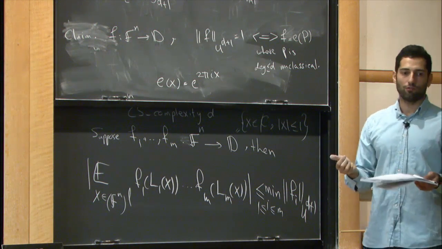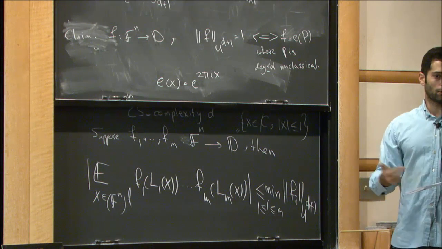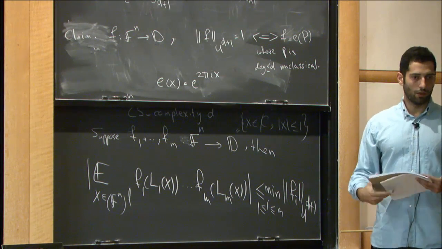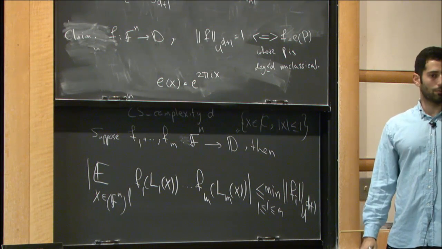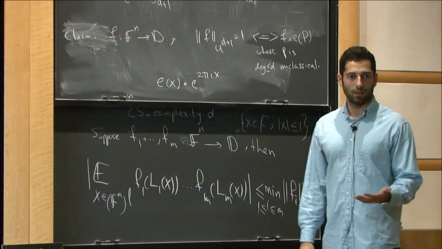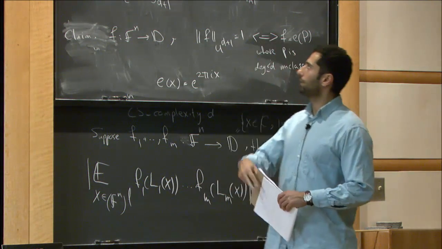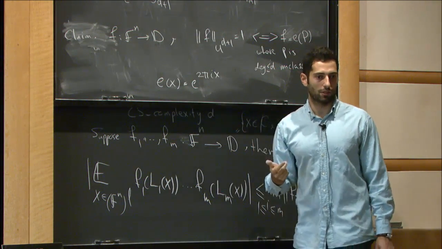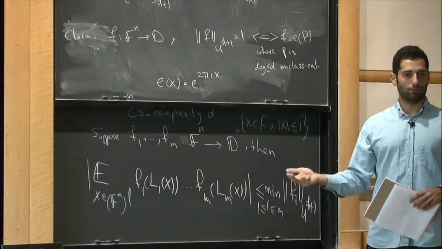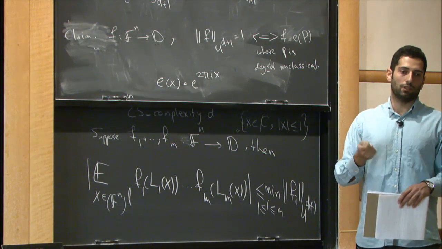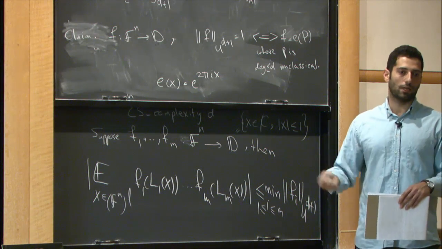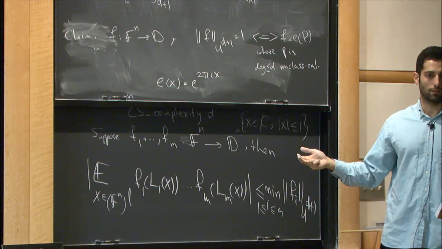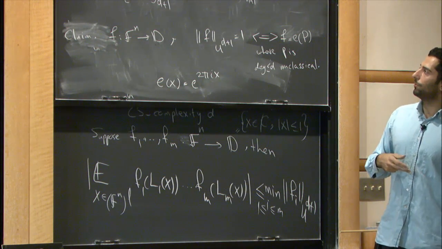You can define polynomials in two ways. One is whether they are a linear combination of monomials, and the other is whether their (d+1)-th derivative is 0. When you're thinking of functions that are F_p valued, these two definitions coincide. One of them is a local definition: for every d+1 directions, the derivative is 0. The other one is global: your function is written as a linear combination of monomials.